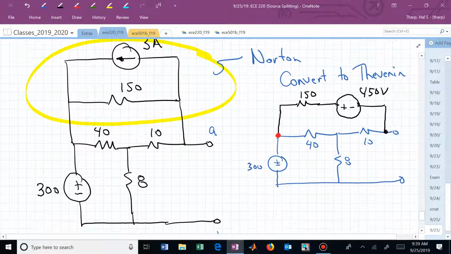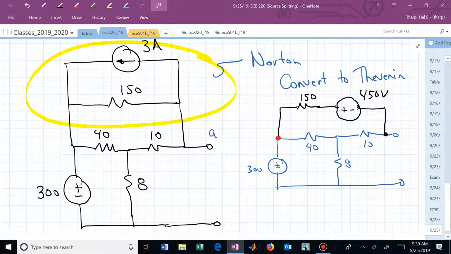What I wanted to do in the first step was actually convert this parallel combination of current source and resistor into just one series connection. So I'm trying to, that yellow highlight, make one series connection from the right side of my circuit to the left side.